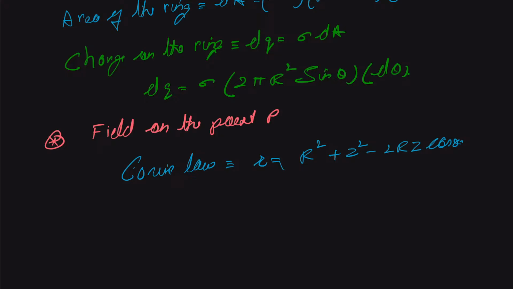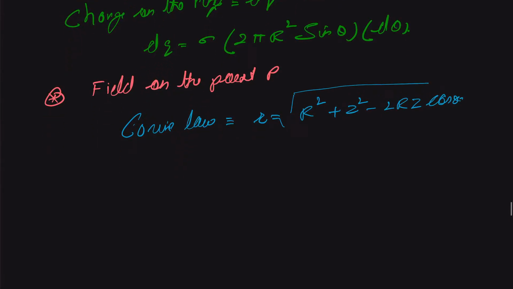So we found the value of script r, and we are going to use this value later on also. First of all, let's find what the various components are that are going to affect the field at point P.